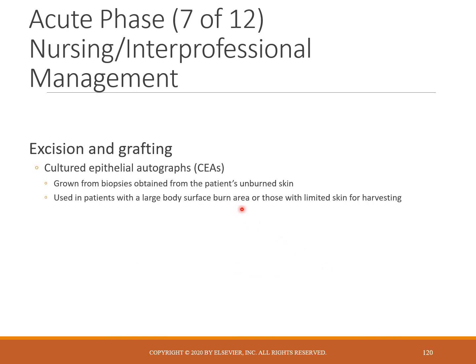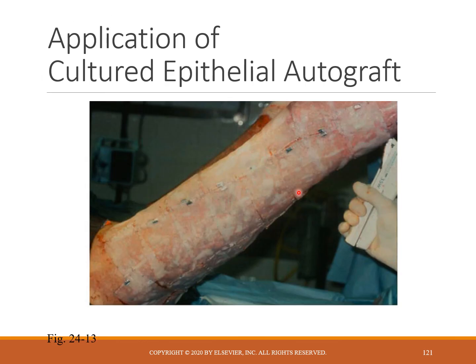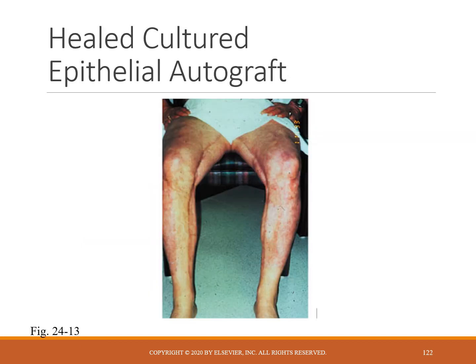Okay, so excision and grafting, this is a cultured epithelial autograft, obtained from the patient's unburned skin. I showed you the harvesting earlier. This is an application of cultured epithelial autograft. Look at that. This is a healed cultured autograft.